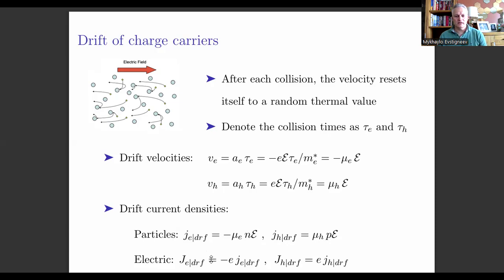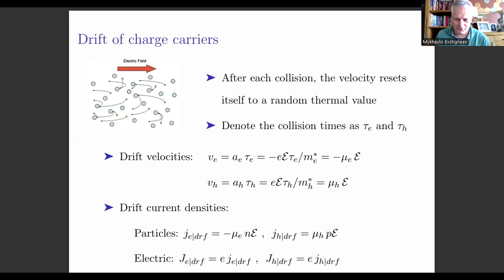And now to get the electric current density, we need to multiply the particle current density with the particle charge. The product of the electron charge, negative e, times the electron flux density should give me a positive number.